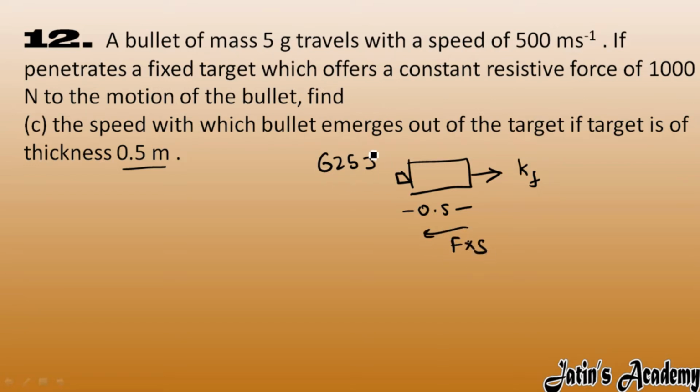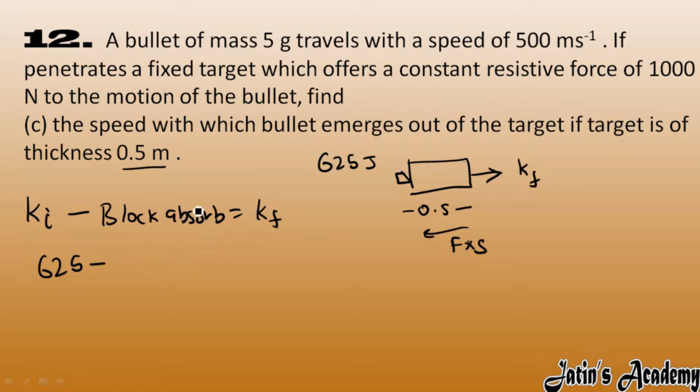It means that if I'm talking about the conservation of energy, we have initial kinetic energy, and this block is taking some energy, or I can say the block absorbs some energy, and after that it comes out with some final kinetic energy. Initial kinetic energy we have 625 joule. Block absorbs how much energy?